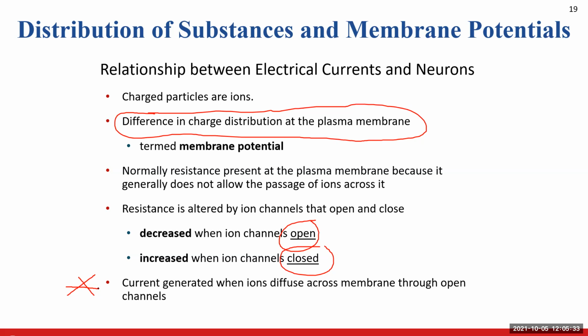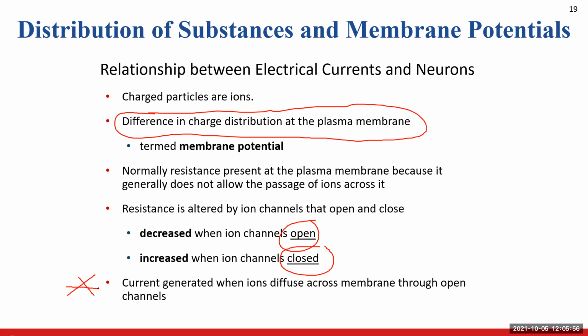Increase one, decrease the other, and vice versa. There's actually a law called Ohm's law, and basically that's what it says. If you want to increase the current, you decrease the resistance. In this case, since we're talking about the plasma membrane, if I want to decrease the resistance at the plasma membrane, I open up channels. That'll increase the current.